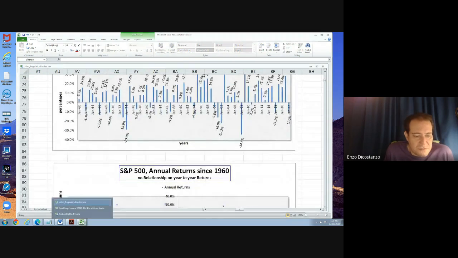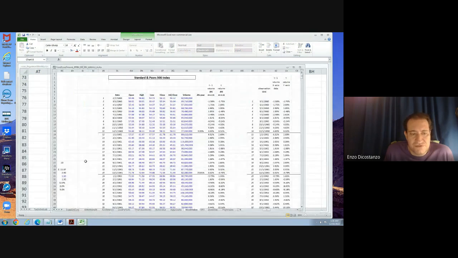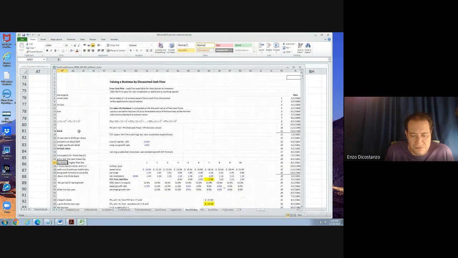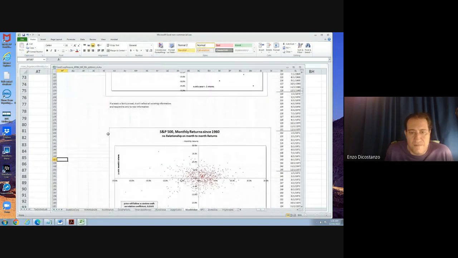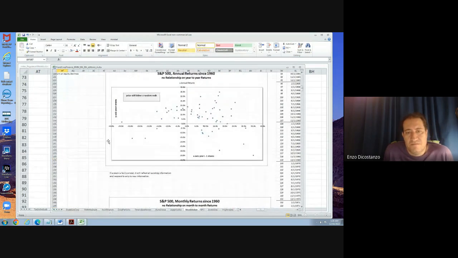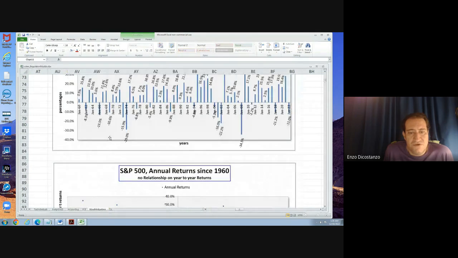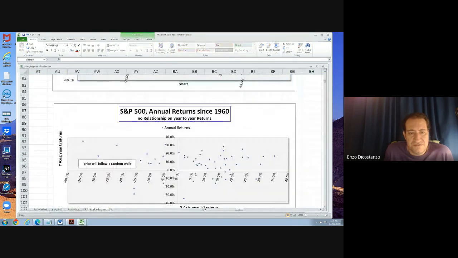Annual returns. This is no relationship on year-to-year return. Year-to-year returns.